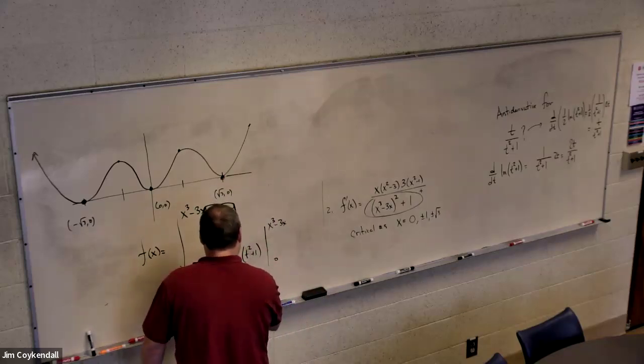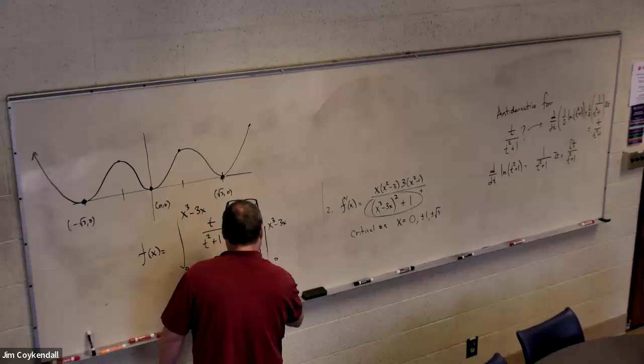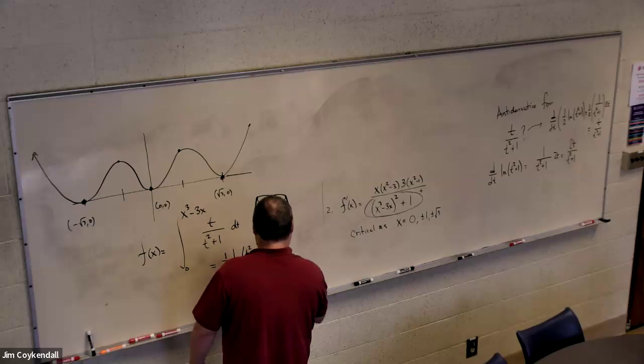And what do I get? I get 1/2 log of x cubed minus 3x squared plus 1, right?